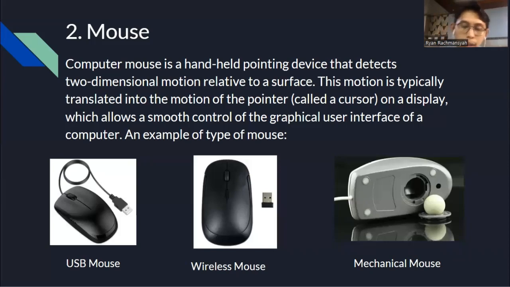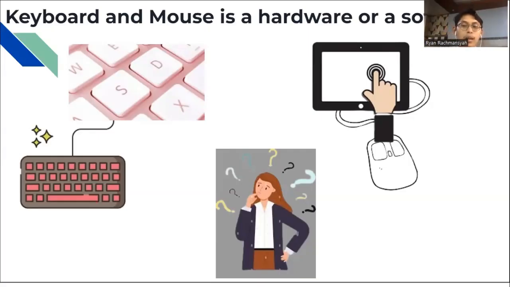And then, are keyboard and mouse hardware or software? If we talk about keyboard or mouse, software or hardware, we talk about devices, definitely discussing hardware and software. In the modern era, tools such as keyboard and mouse can be in the form of software and hardware.